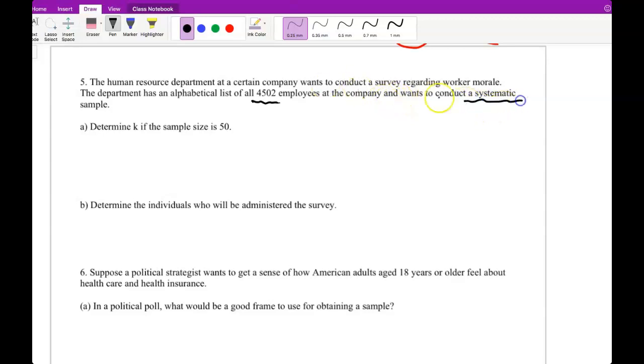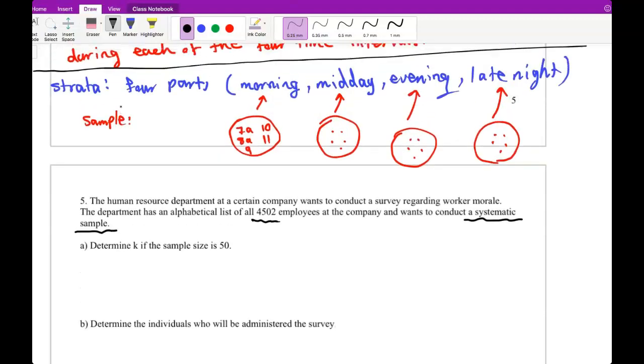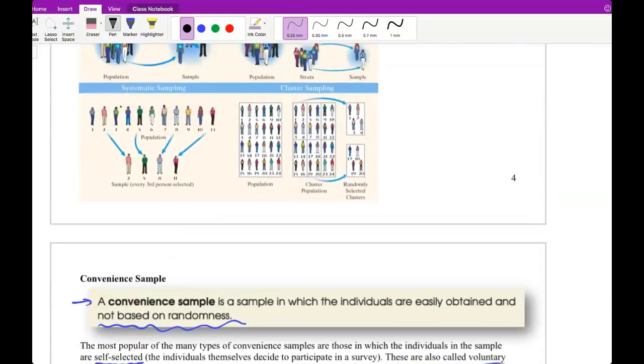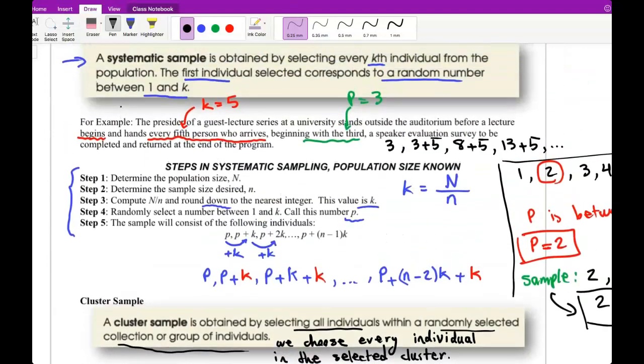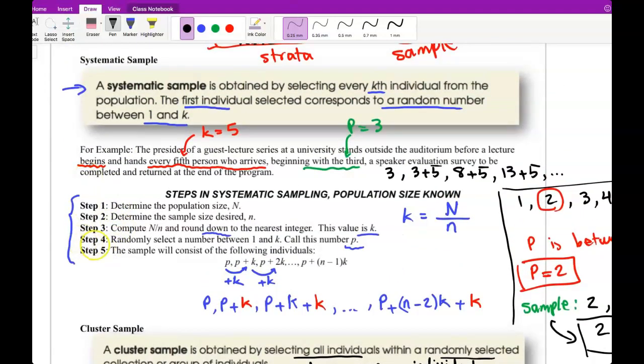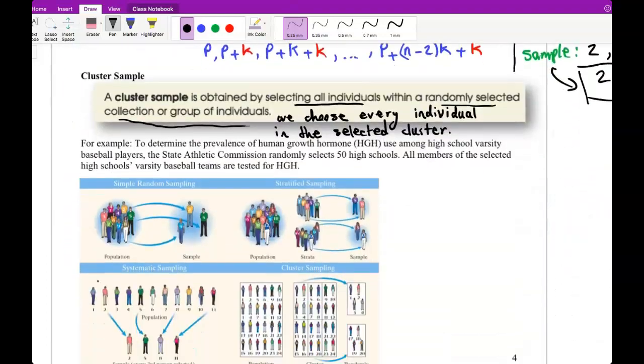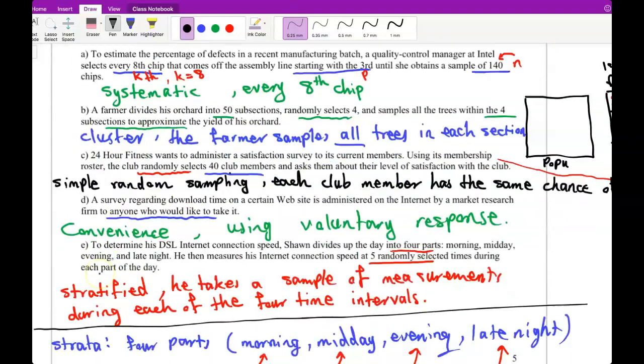So systematic. What that means is you should have K, P, and the sample size. We have to follow these steps, which are for a systematic sample.